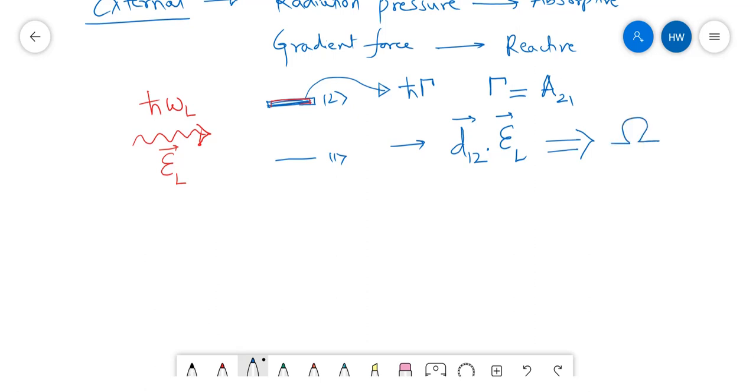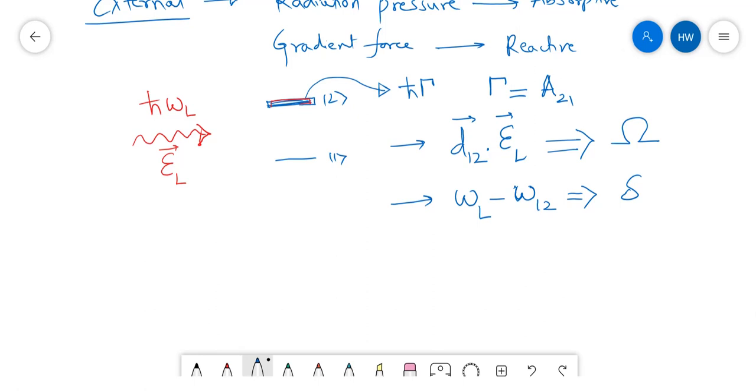The second parameter is basically your energy conservation, which tells me how well does omega L match with the atomic energy difference, omega 1, 2, right? And this quantity, I'm calling it detuning, delta. So you see, these two parameters basically govern the kind of interaction the light has with the atom.